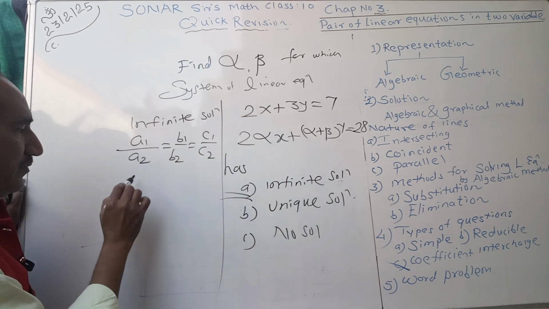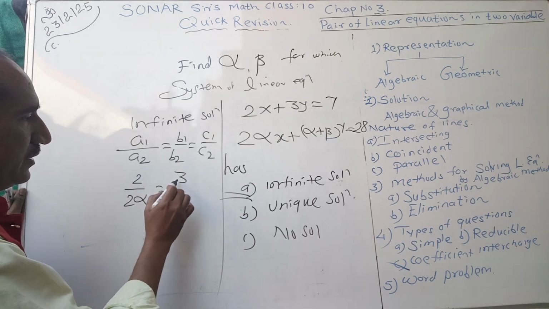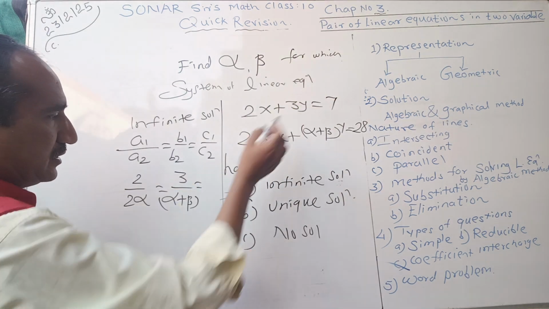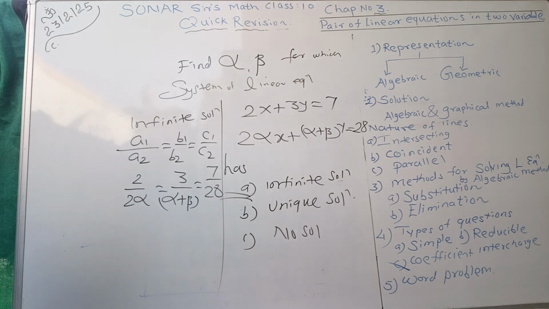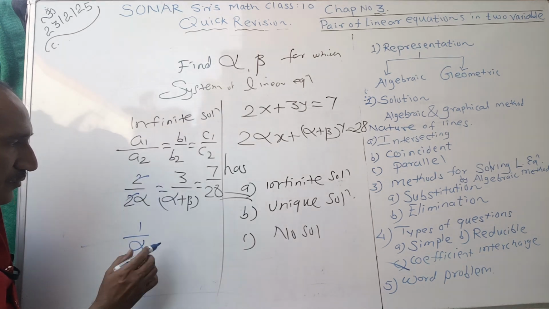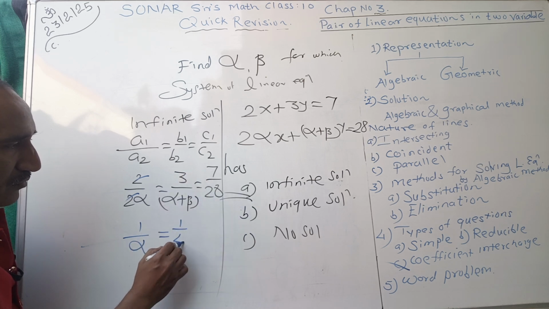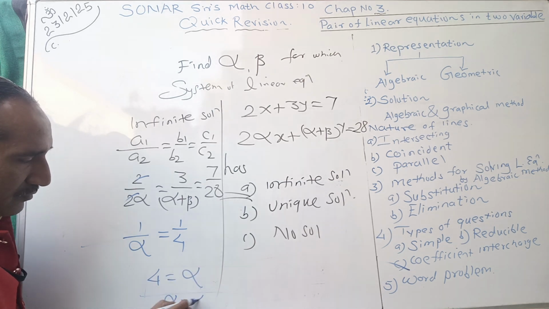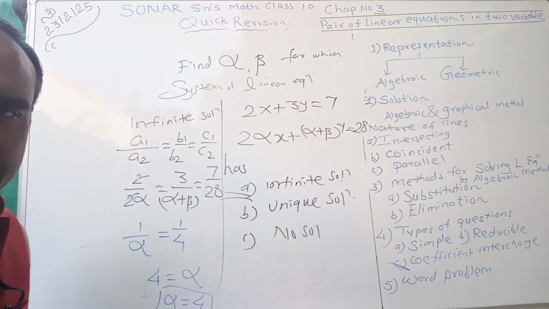So this is a1, this is a2, this is b1, this is b2, this is c1, this is c2. Now we'll find the solution. 2 will get cancelled. 1 upon alpha equals 7 upon 28, that is 1 upon 4. So alpha equals 4.